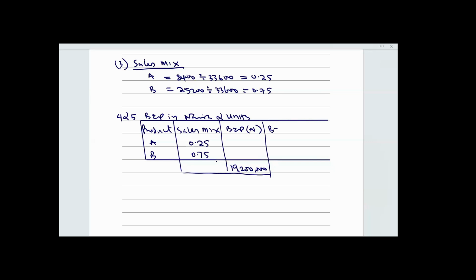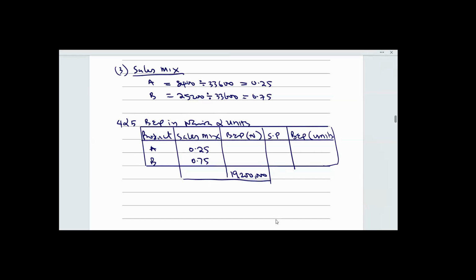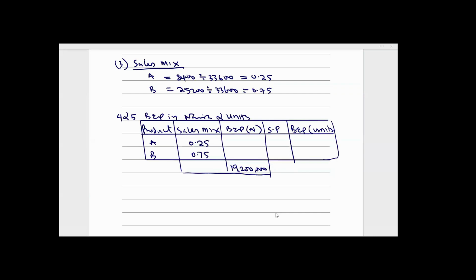Then selling price. Now, what's the selling price of A? According to the question, the selling price is 120 and 180.